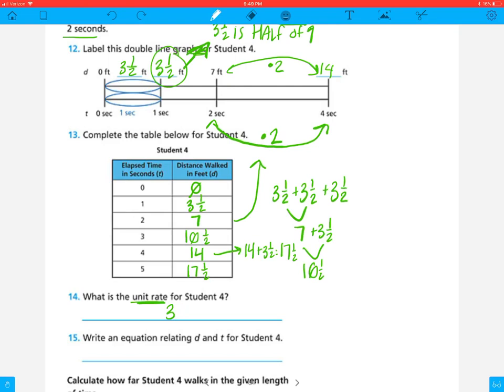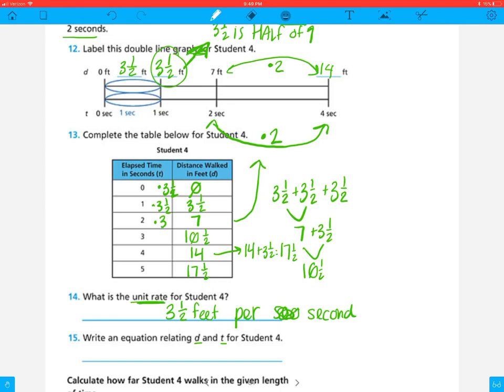Unit rate will have a number per, or the word per, because we're going down to the bare number 1. This should also kind of make you think about how much money per gallon for gas. That's a unit rate. So in this case, it's 3.5 feet per second.